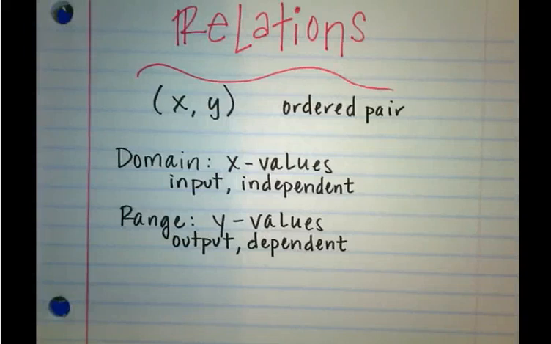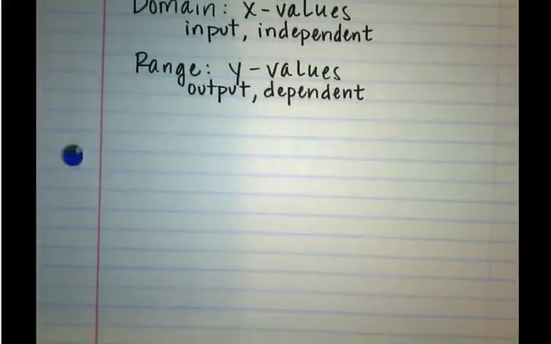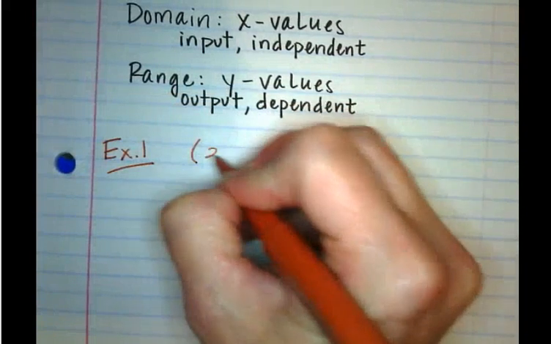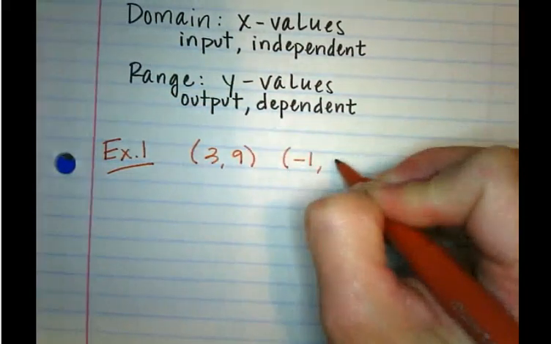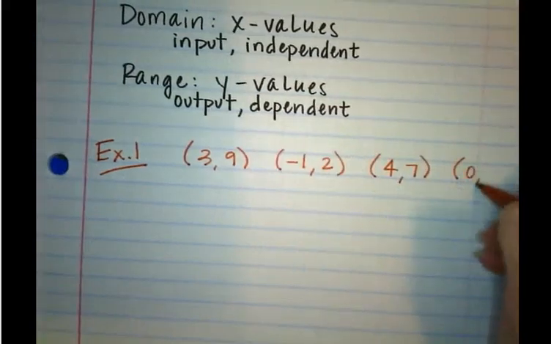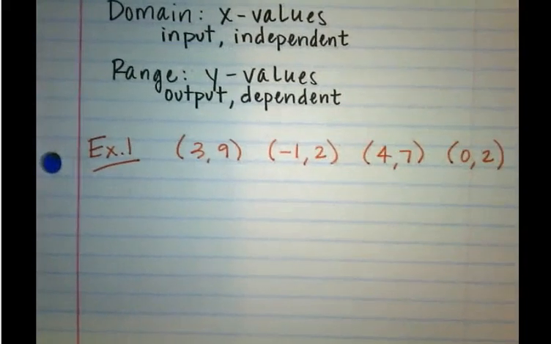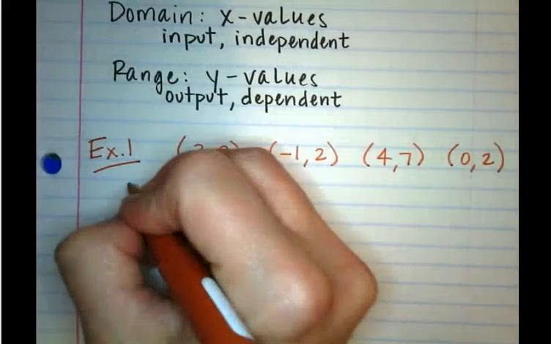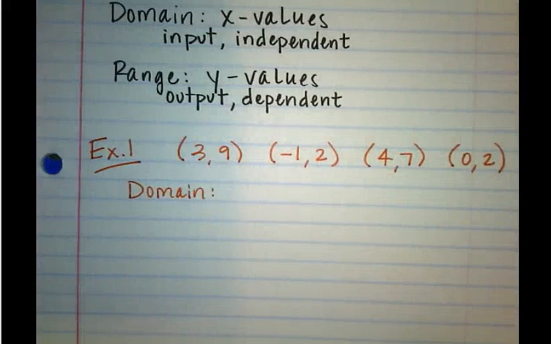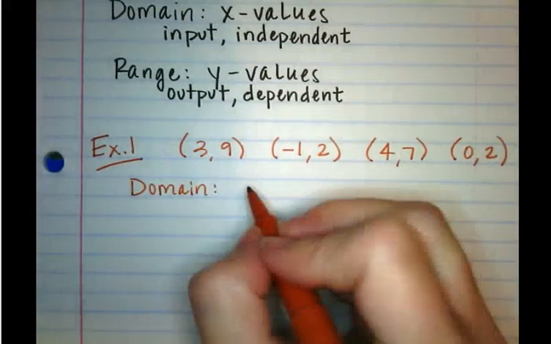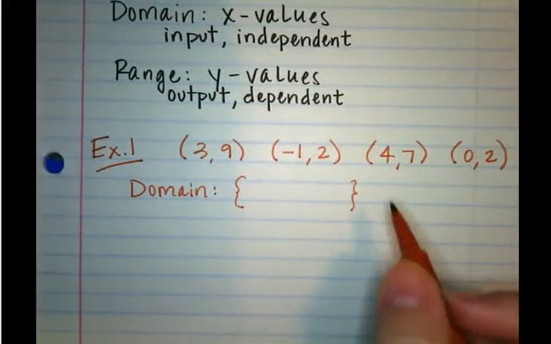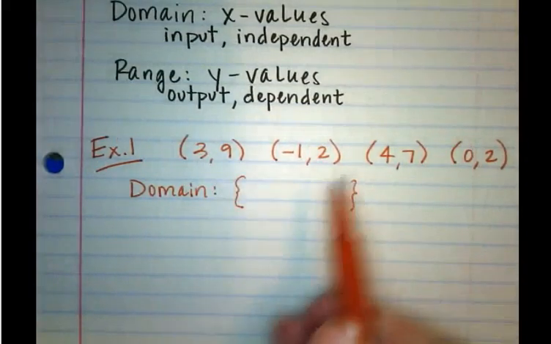So, as an example, let's say that I gave you these ordered pairs: (3, 9), (-1, 2), (4, 7), and (0, 2). If you were asked to state the domain, then what you're going to do is tell what numbers are in place of the X. So I'm going to use the set notation to show that these are numbers in the domain, and I'm going to write them from smallest to largest.